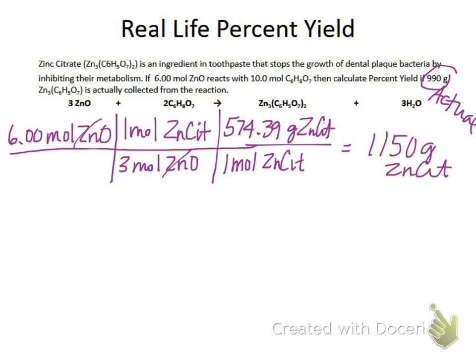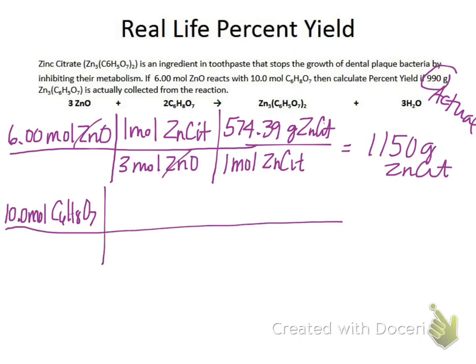Because now I got to go do this 10 moles of the C6H8O7, which is the citrate of zinc citrate. My mole ratio is 2 to 1. Oops, sorry. Erase that. Got ahead of myself.